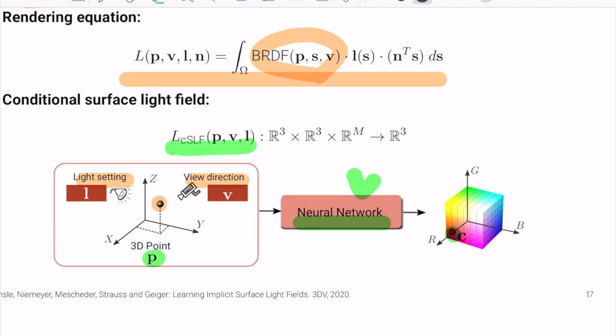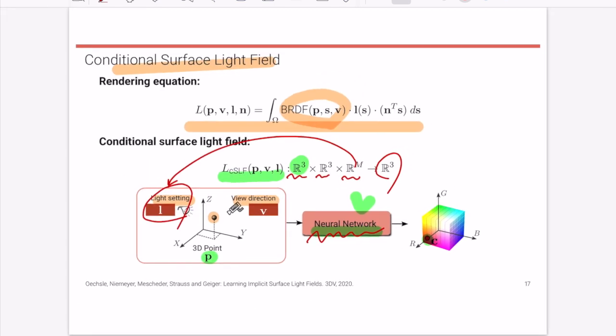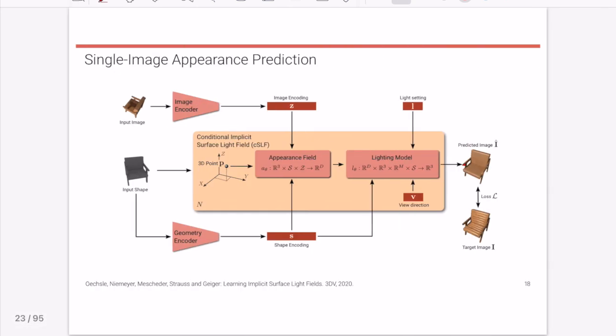So this function, let's say the light field representation, takes the point representation x, y, z, a viewing direction, just a 3D vector, and a light setting. Then this neural network can directly generate a color image. So this is the light source representation with the neural network and implicit representation.